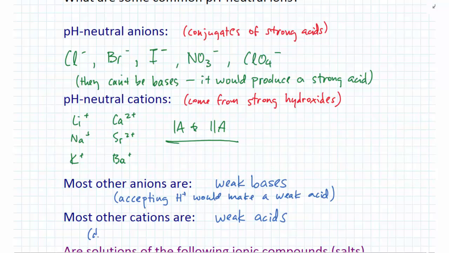Cations are weak acids by either donating an H plus or accepting hydroxide. That's sort of the opposite of donating an H plus, but that can happen with metal cations. It would make a weak base, which again is reversible.